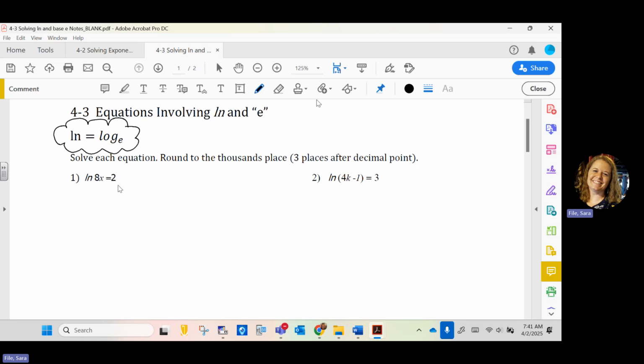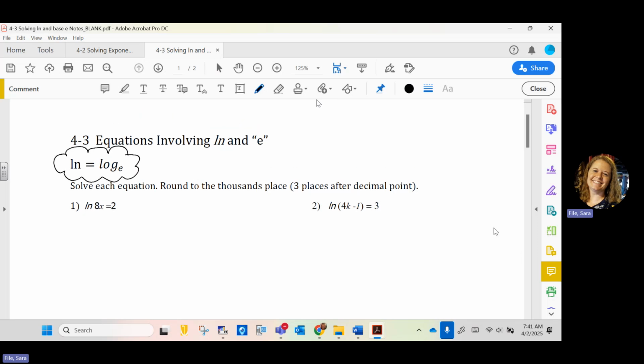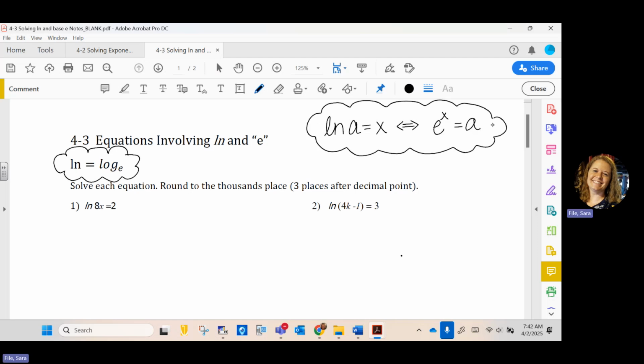We're starting in log form. We want to solve, so we're going to have to isolate the log, change it to an exponential, and then solve. So if you want to put that conversion up here, if you have the natural log of a equals x, that's going to convert then the base is e to the power of x equals a. So that's our conversion this time with a natural base.